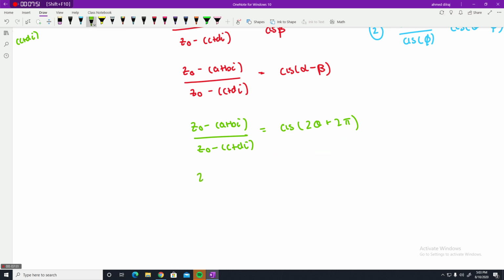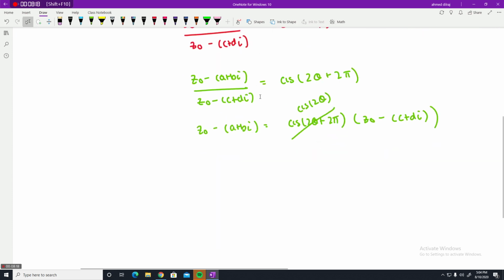So I have z0 minus a plus bi is equal to cis of 2 theta plus 2 pi, and notice cis of 2 theta plus 2 pi will just cancel out to being cis of 2 theta, because 2 pi is just a revolution, 360 degrees around. It will still end up at the same angle. And over here, I'm going to put z0 minus c plus di.